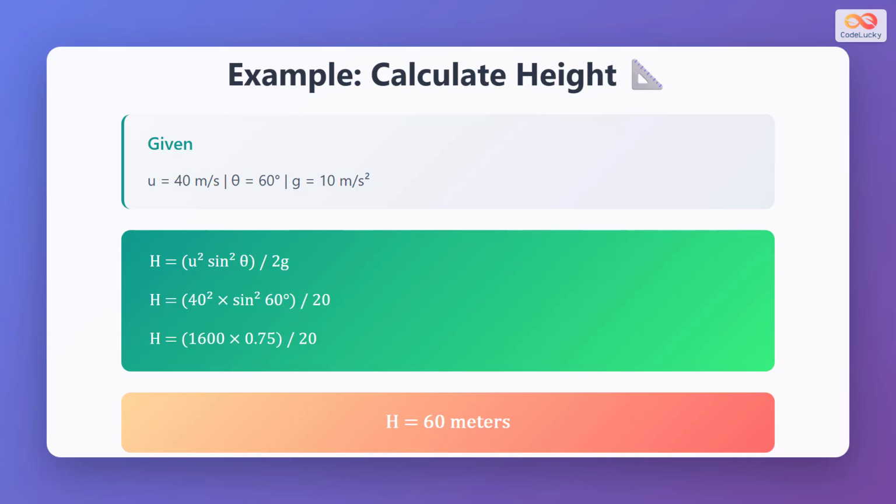Substituting our values, we get H equals 40 squared times sine squared of 60 degrees divided by 20. 40 squared equals 1600, and sine of 60 degrees is approximately 0.866, so sine squared of 60 degrees is 0.75. Therefore, we calculate 1600 times 0.75 divided by 20. This gives us 1200 divided by 20, which equals 60 meters. So the projectile reaches a maximum height of 60 meters above its launch point.